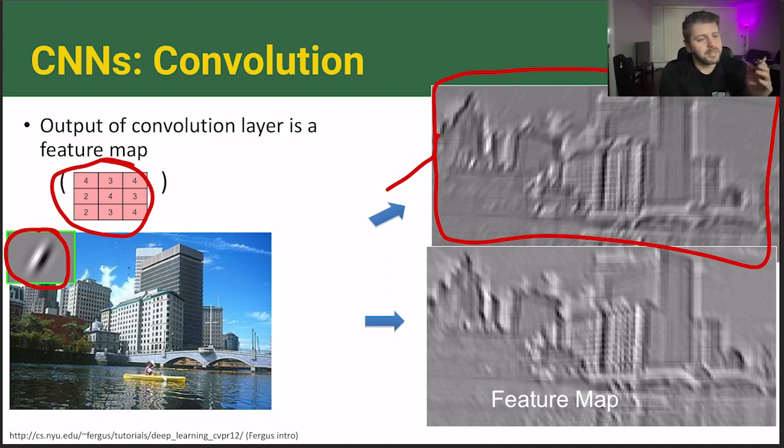You can see that this filter is sensitive to edges, which are important in an image in order to derive a lot of shape features. And so this is our final feature map, which would then be fed into a subsequent layer, and then with potential subsampling or pooling operations on top of it in order to condense this information a little bit more. I think this bottom one is actually the response to a slightly different filter though.